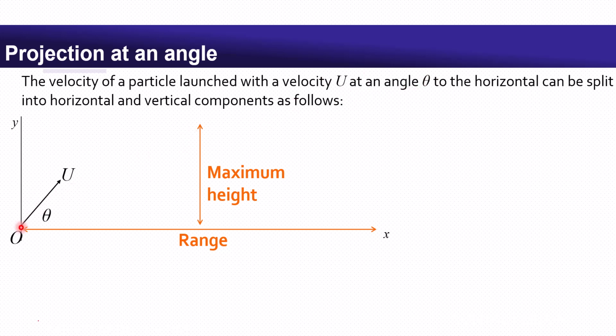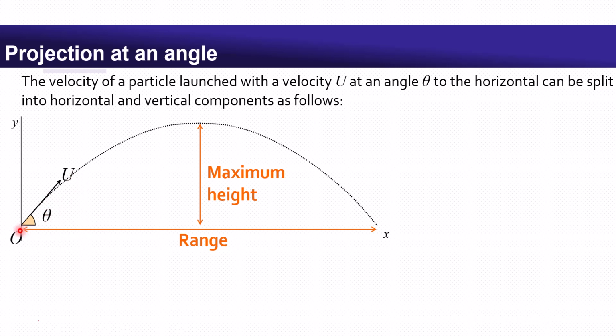As you see, the velocity u will be at an angle theta to the horizontal, and this velocity u can be split into the horizontal and the vertical components, as we are going to see. So what you see here is a particle released from this point up to this point, and it was given an initial velocity u and at an angle theta.